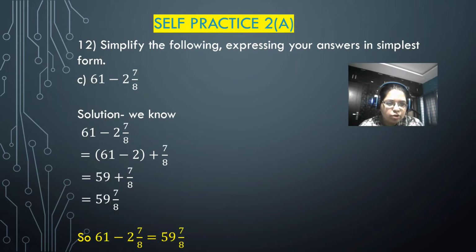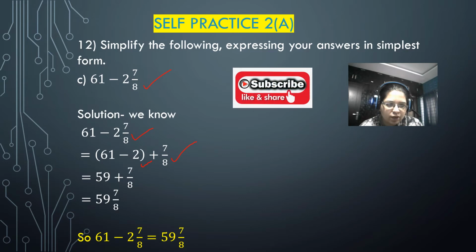Now we solve question number 12 part C: 61 minus 2 and 7 by 8. First we subtract the whole part separately, then keep the fractional part. 61 minus 2 is the whole number subtraction, and then we keep 7 by 8, the fractional part or proper fraction. 61 minus 2 is 59.